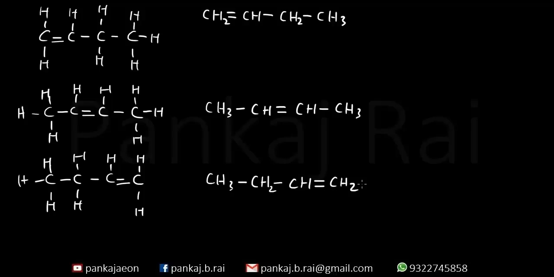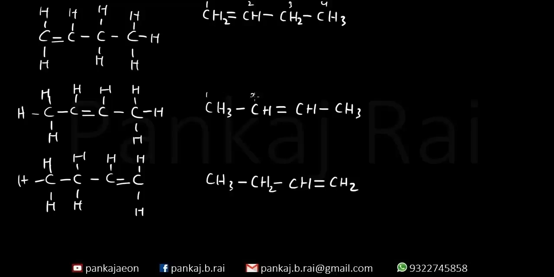As I have already told you, the rule of numbering the carbon atoms is that the numbering should begin from where the double bond is closest. So here the numbering would be 1, 2, 3, 4. Here the numbering could be 1, 2, 3, 4 or 1, 2, 3, 4. In both cases it is the same because the double bond is in the middle.